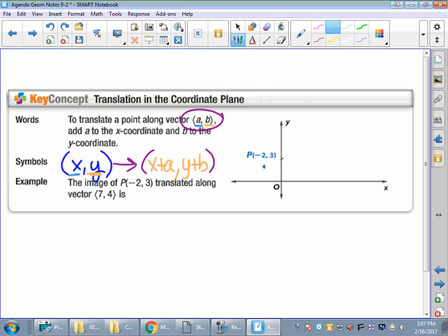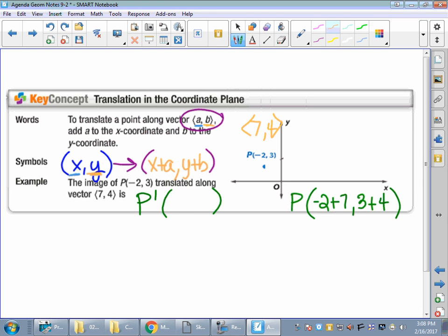So I've got this point P at negative 2, 3, and I want to translate it along the vector 7, 4. So where will P prime be located? Well, my P prime has to be at negative 2 plus the 7 from the vector, and 3 plus the 4 from the vector.